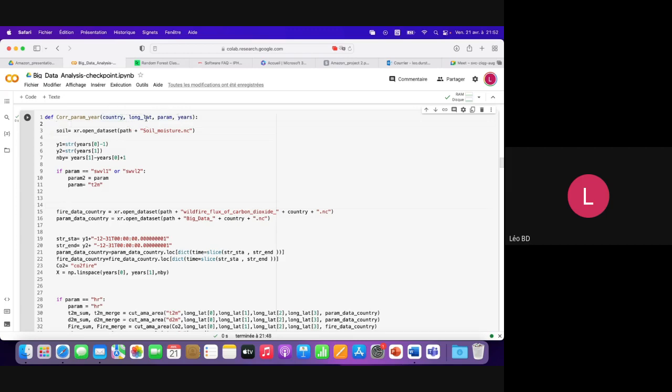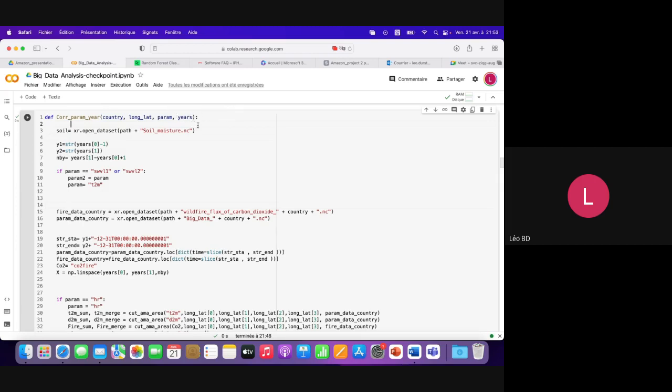Then it takes, of course, the coordinates parameters to cut it into the right area. It takes the parameters we want to consider. So for example, temperature, or it could be relative humidity. It could be soil moisture, sorry, I get confused.